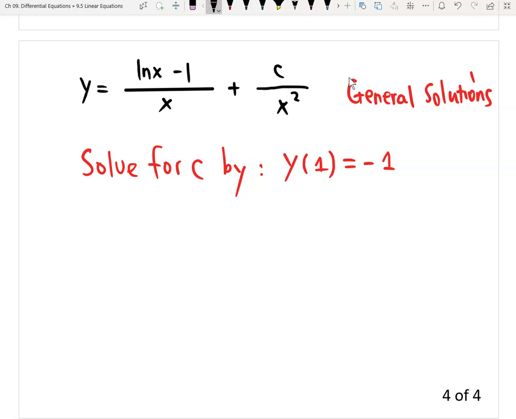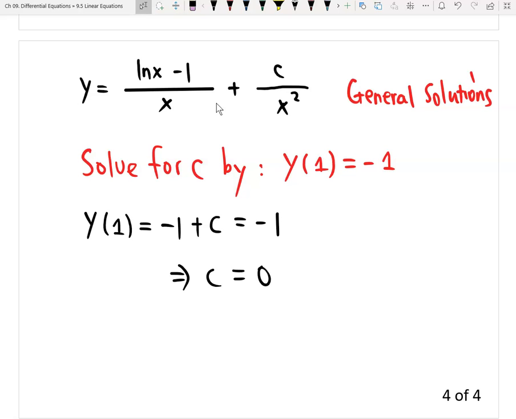So y at 1 equals what? Plug 1 into the equation. ln 1 is 0, therefore the first term is -1, and the second is plus c, right? Equals what? -1. That's easy to get. What is c? C is 0.